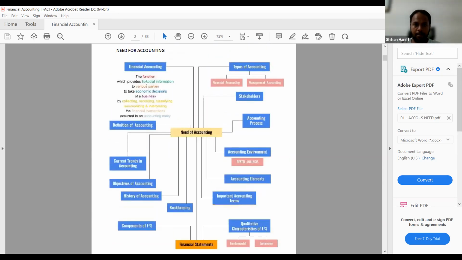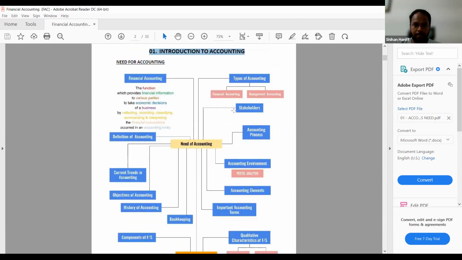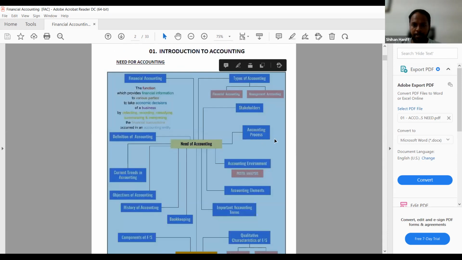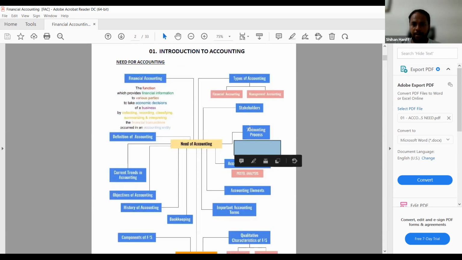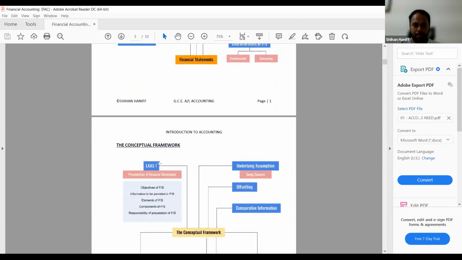Okay, like this need for accounting mind map, and write down all the sub topics and the important points related to each topic. Okay. This is each and everything I have explained. So you can just write it here. Under this, you can write stakeholders, definition. If you need any clarifications, just let me know. I will explain.